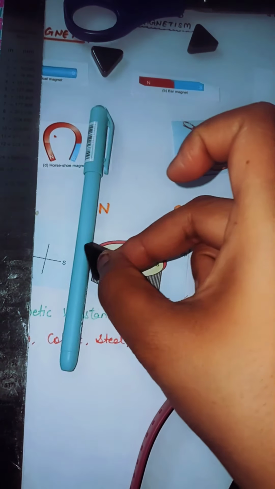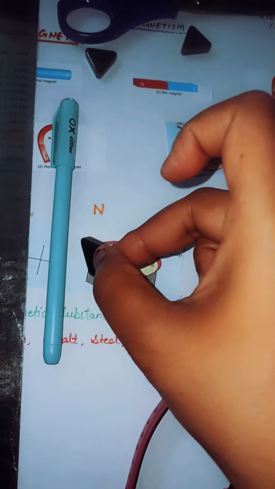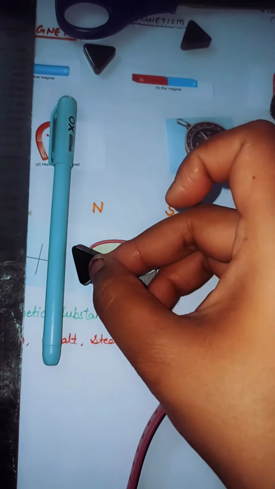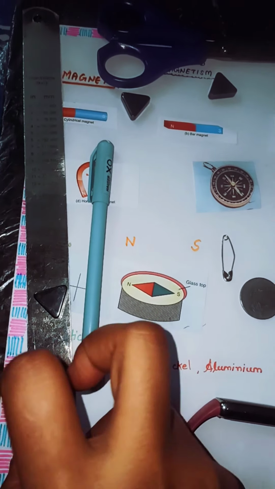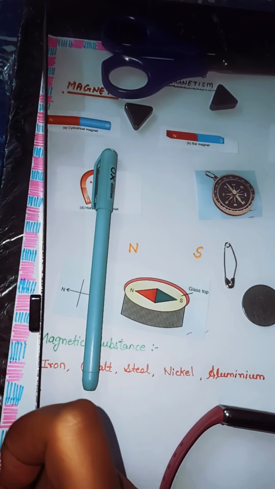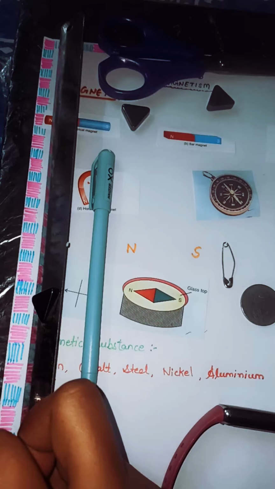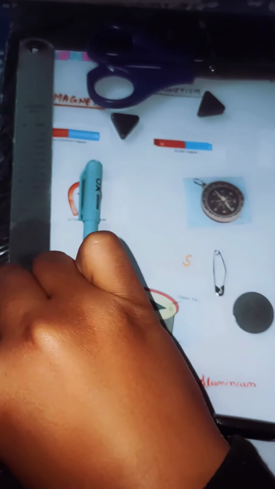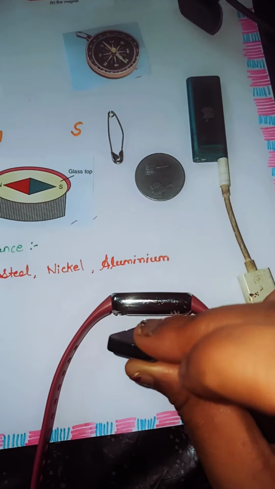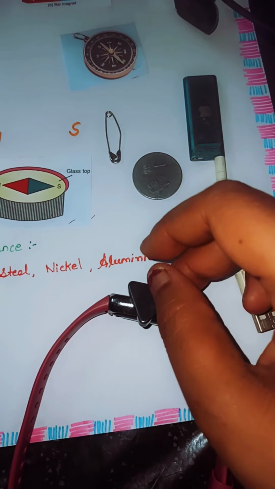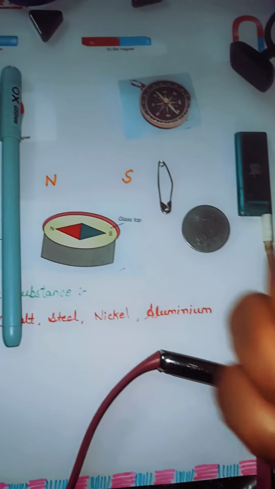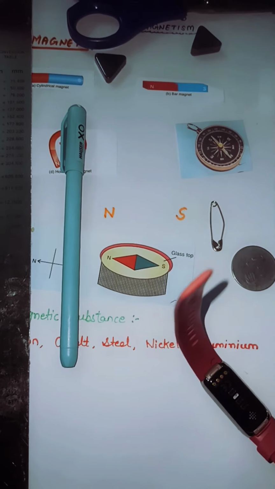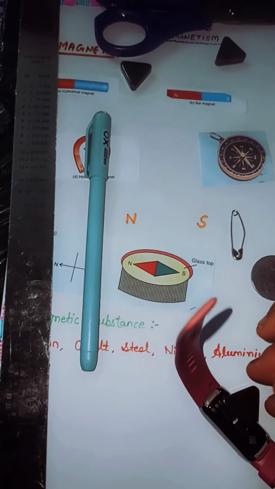Now let us do the same with this pen. See, they both cannot get attracted. Now with this scale, yes, see, it got attached to it. Similarly, I'll do the same with this part of my watch, but I cannot attract both these things. But let us do it over this side.